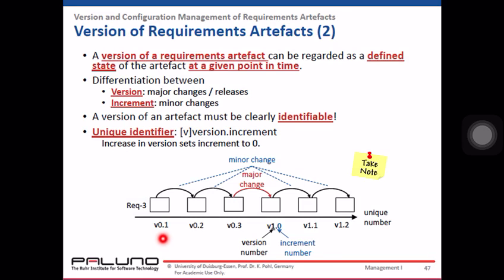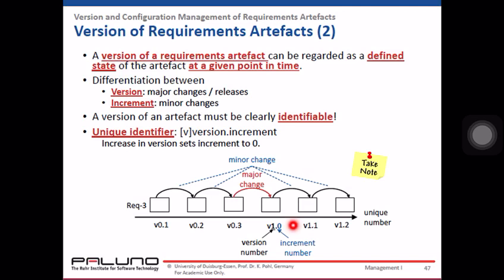The version 0.1 increases to 0.2 and 0.3 when we have this minor change to the current release. Okay, during version 0.3, you can observe that the version number increased to version 1.0 due to the major change requested by the stakeholder.